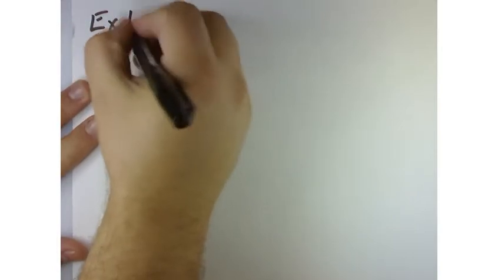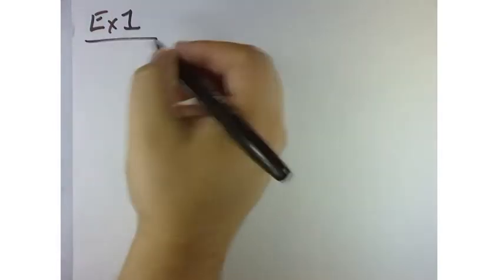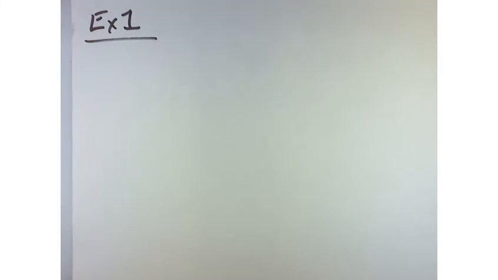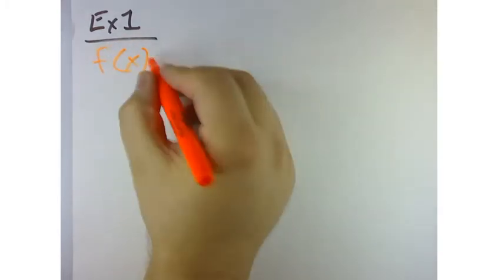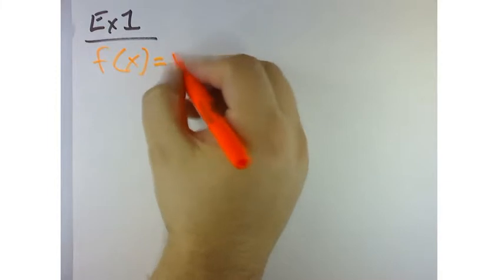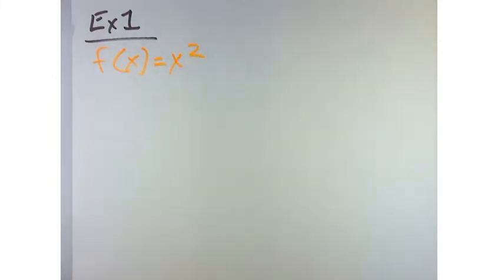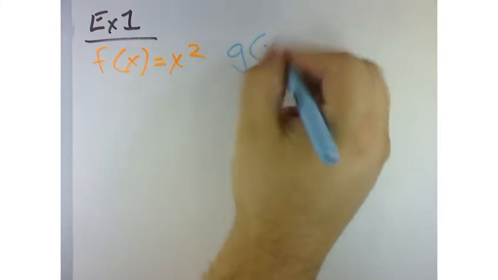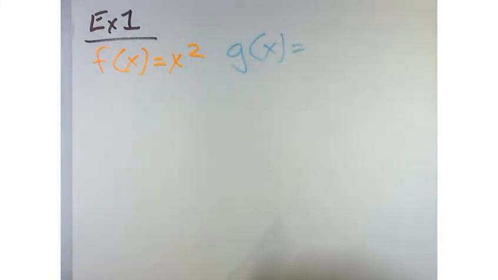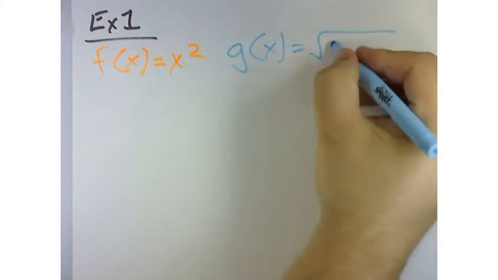So for example number 1, we're given two functions, and I'm going to write these in different colors so that way we can keep track of what's going on. So let f of x, can you guys see that okay? f of x equals x squared, and let g of x equal the square root of x plus 1.